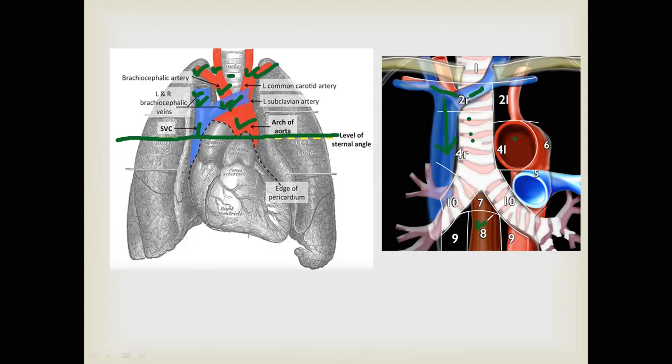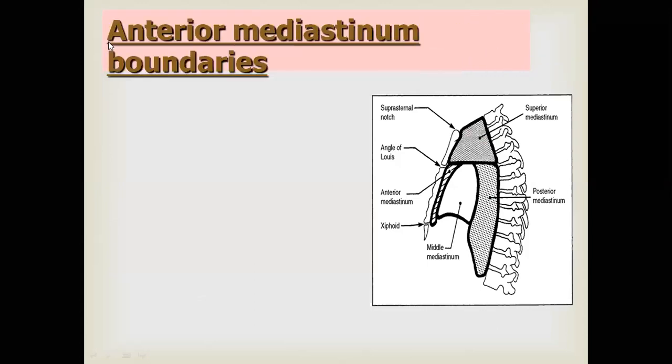You will see a tube, brown in color, named the esophagus. The esophagus is behind the trachea. The trachea is anterior to the esophagus. I think it is very clear. We have finished the superior mediastinum.